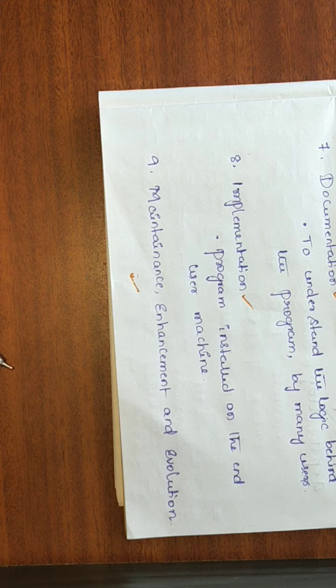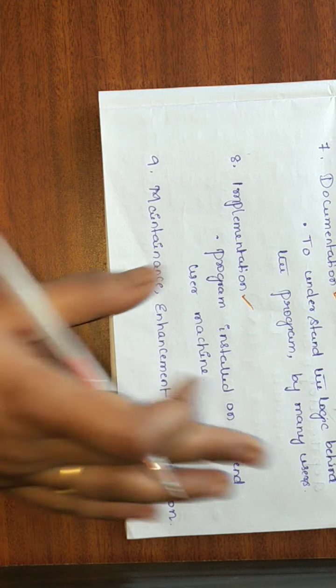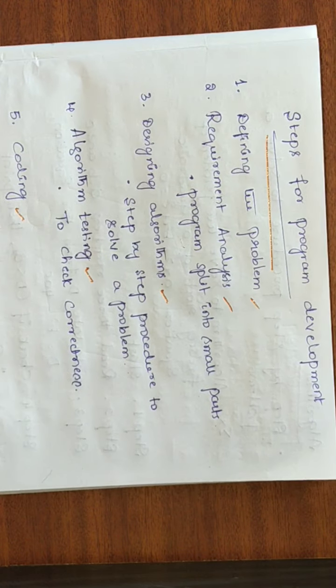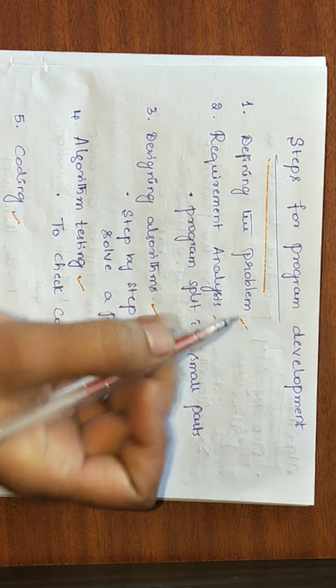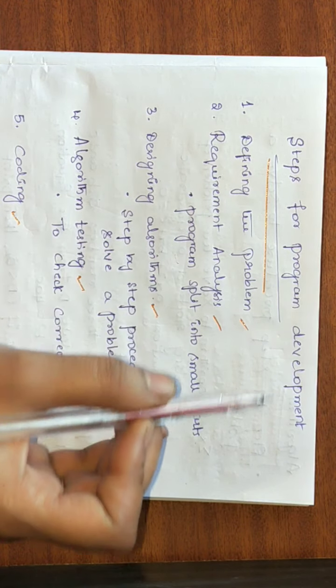For that, the current code may be altered for some flexibility of the user interface at a later stage. And evolution, that can also be altered in a more sophisticated manner. So these are all the different steps which come under program development. If we go for any programming language, these are the steps we need to follow.